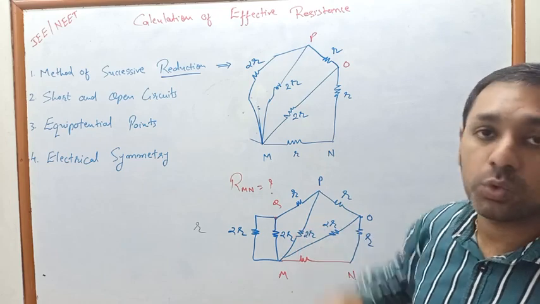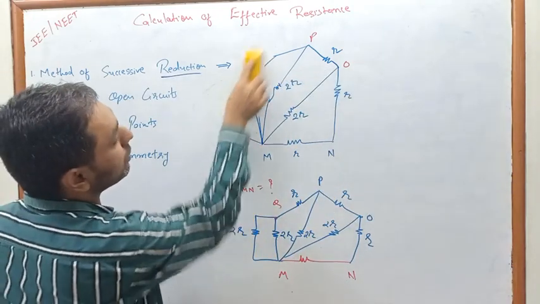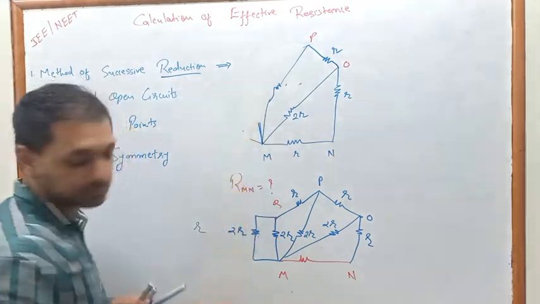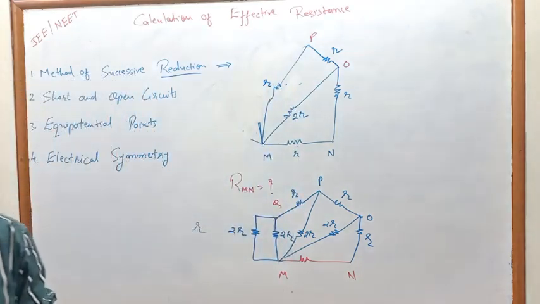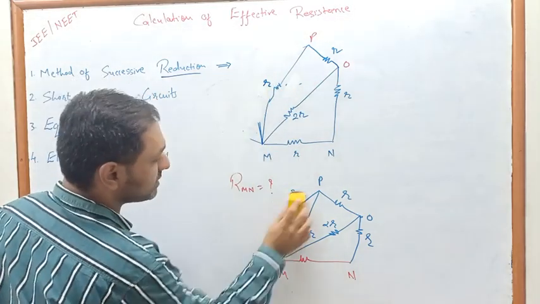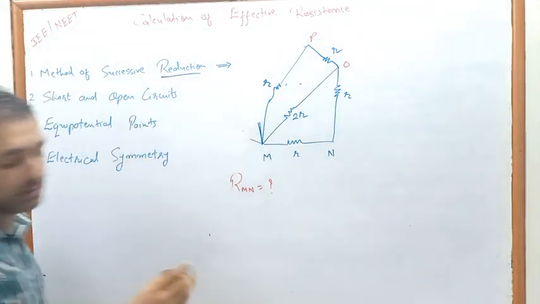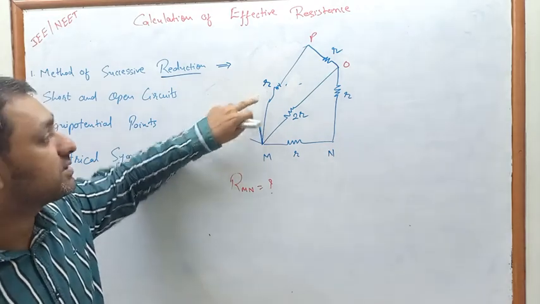So 2R and 2R in parallel, the resultant will be only half, meaning R. So the value will be R. What I am doing is, one by one I am reducing the number of resistors.